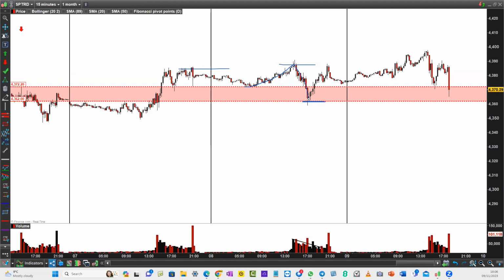And then in the last couple of hours of trading, we did a nice V-shaped move. We had a push up into the open, a drop into support, and then a move into the close. So 1, 2, 3. And that's fairly typical.